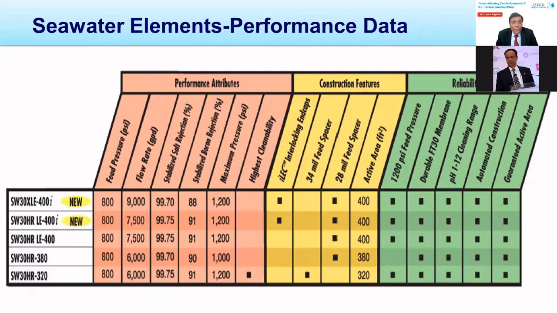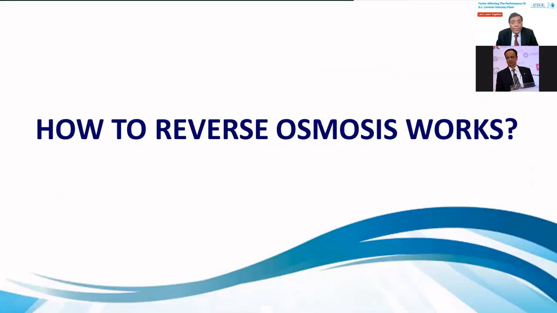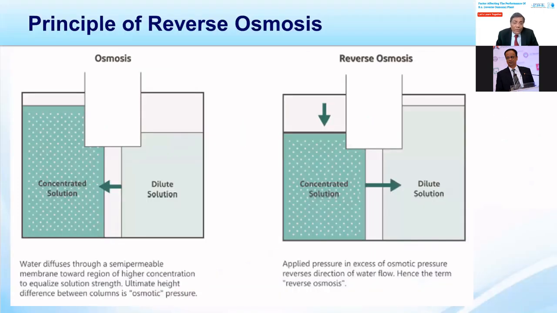This is again the performance attributes and construction features of the membranes. How does reverse osmosis work? We all know that things move from high concentration to low concentration. Reverse osmosis is the reverse of that. We have clean water, H2O, on one side, and all contamination is rejected in the reject stream.